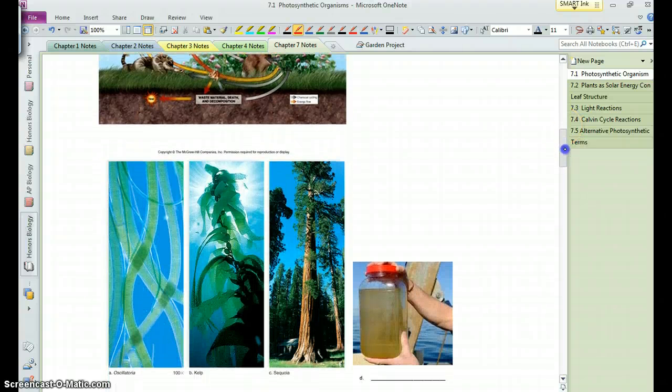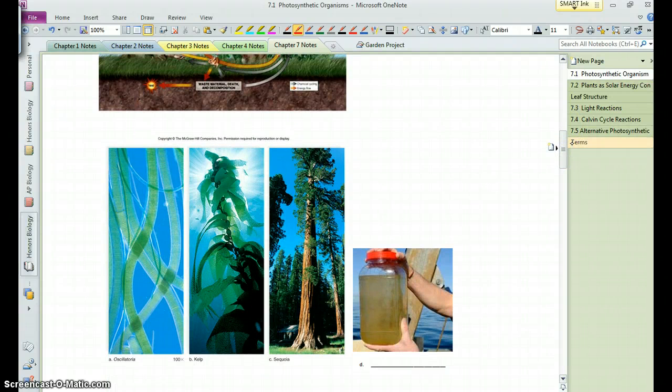Now, plants aren't the only photosynthetic organism. You also have the algae that's found in aquatic systems, and things like kelp, which is a type of algae, sort of, that's really large, grows these kelp forests. And then, of course, you have plants.